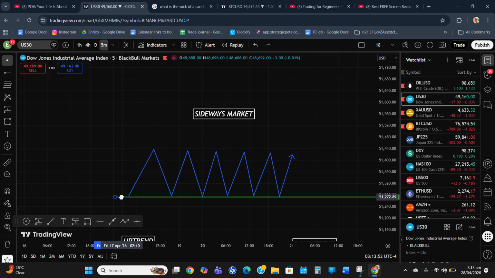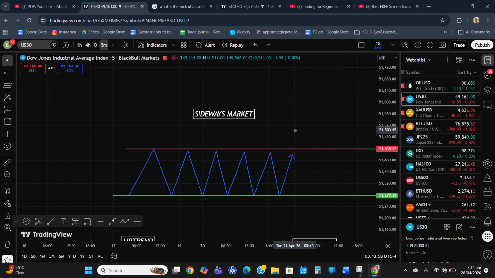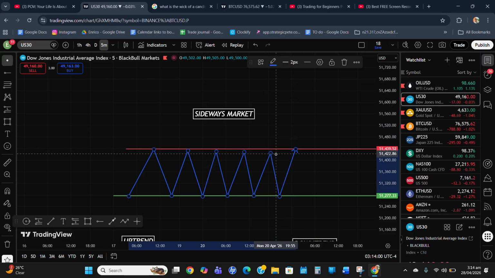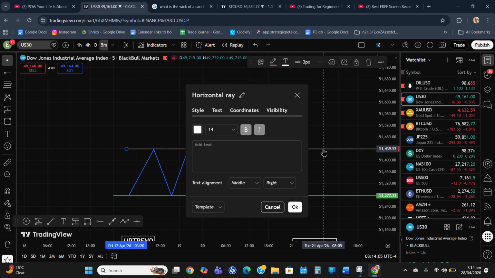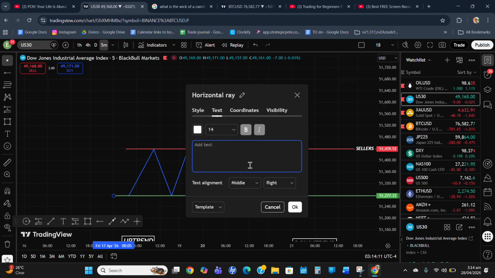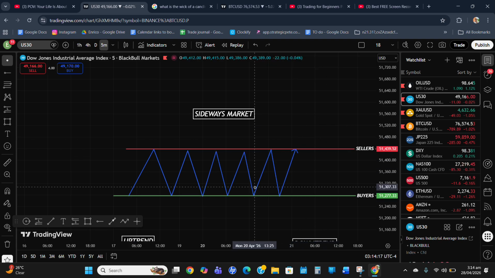So what we will find is we have buyers down here and we have sellers here, right? Let's use red to represent sellers. Let's use green to represent buyers. This market is very simple.